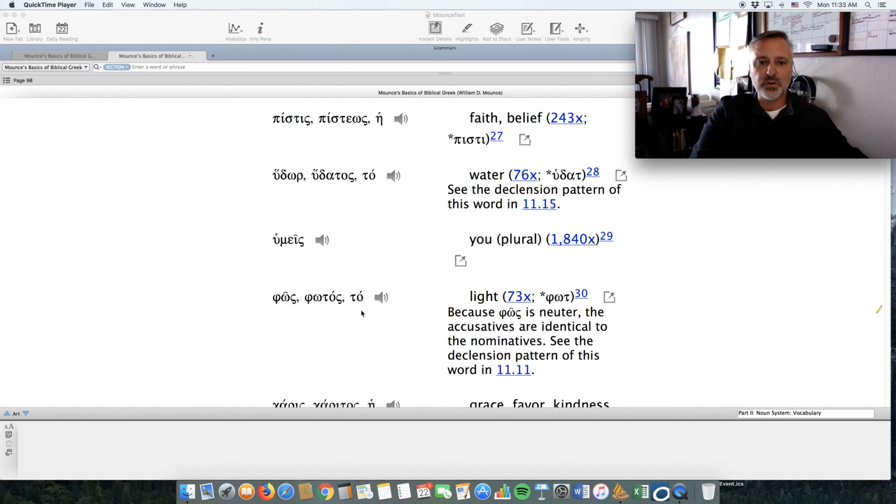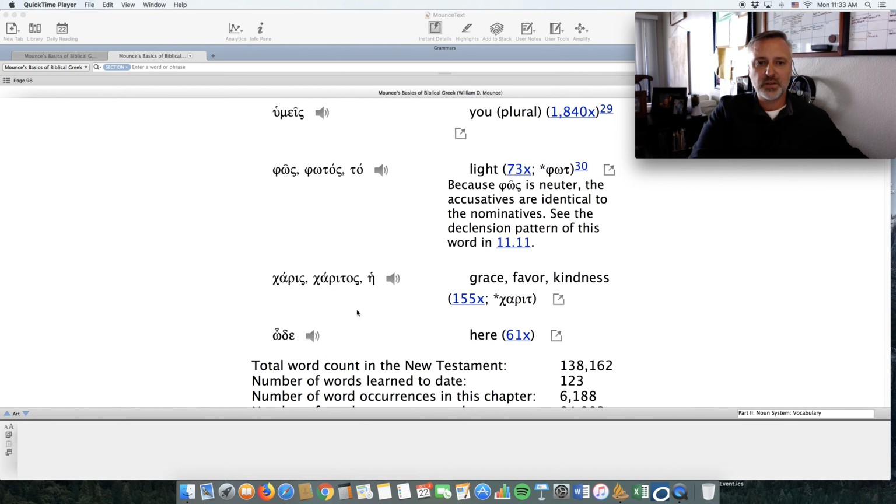Phōs is a neuter noun. All right, charis. Charis means grace. This is a very strong theological word here. Charis is a feminine noun, and this feminine noun has a stem with the iota tau. Charit is the stem of charis. Grace, favor. You can see the paradigm for charis on page 94, 11.11.